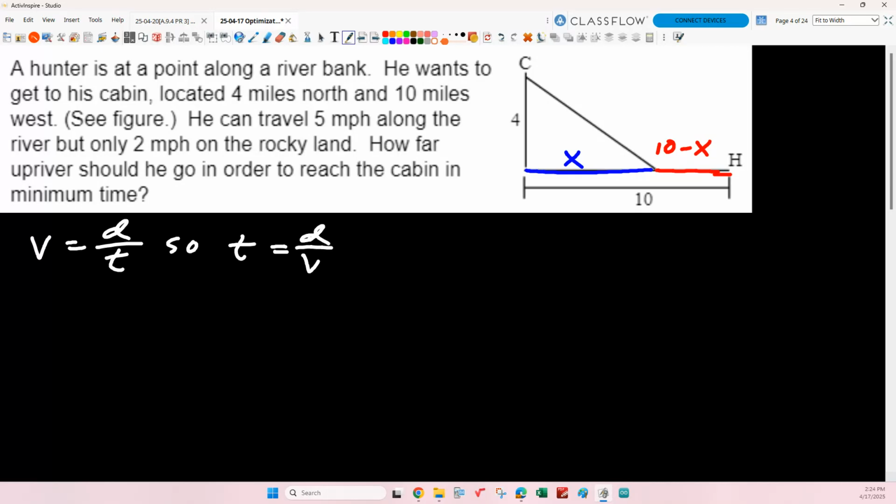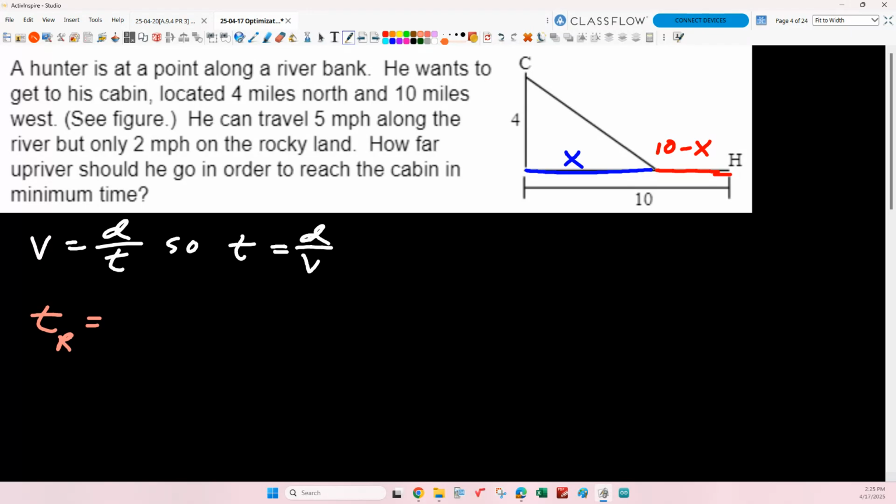So the total time is just going to be the time along the river and then the time across the, what do we call that? The land, I guess. What do they call it up here? Rocky land, okay. We'll just call it T sub R and T sub L or something. Okay, what's going to be the time along the river? T sub R. So the distance, how far is he walking along the river?